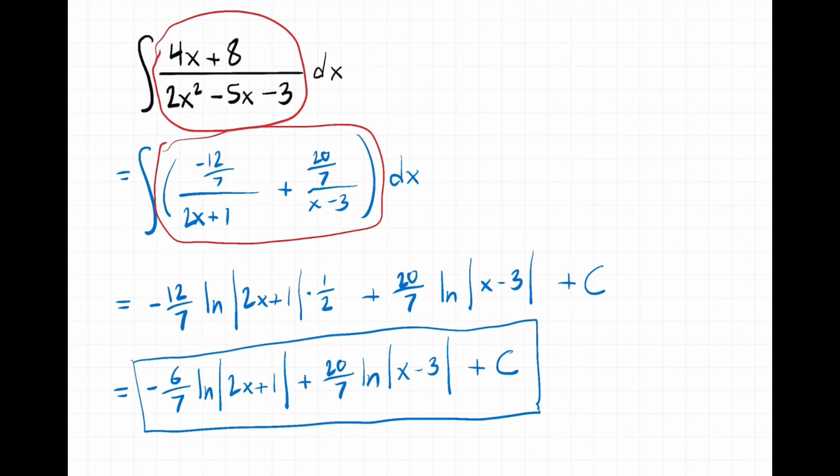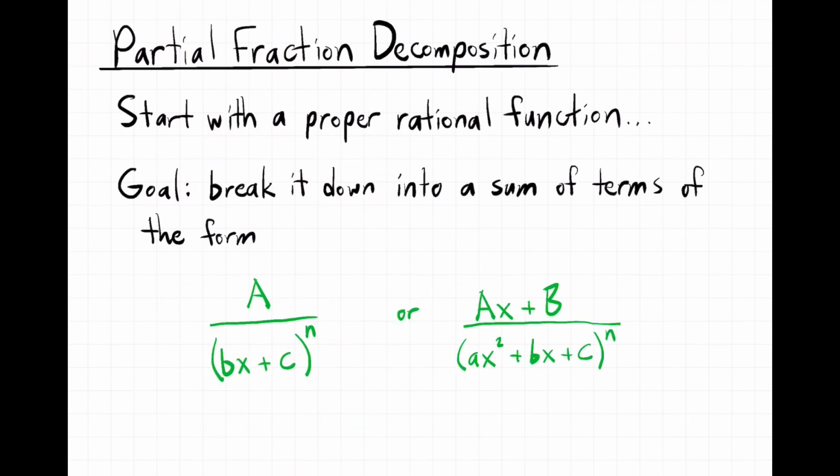Drilling a little deeper, looking at this in more detail, that first step of partial fraction decomposition goes as follows. For partial fraction decomposition, you start with a proper rational function, so one that has a lower degree on the top than the degree of the bottom. And we'll break it down into a sum of terms that are simpler rational functions.